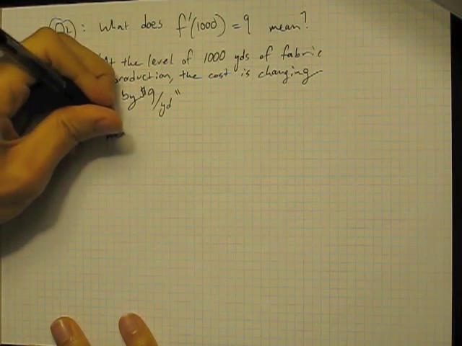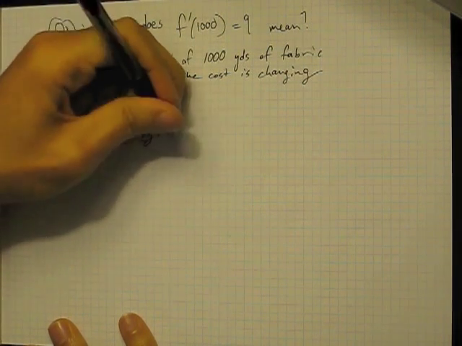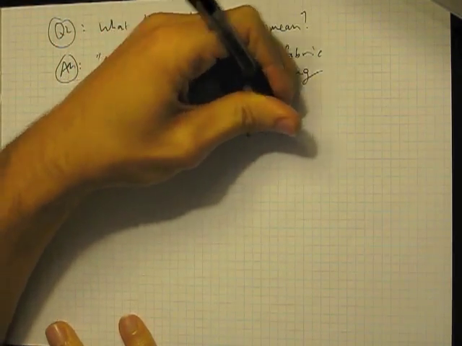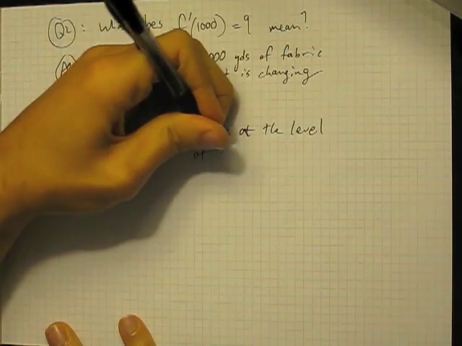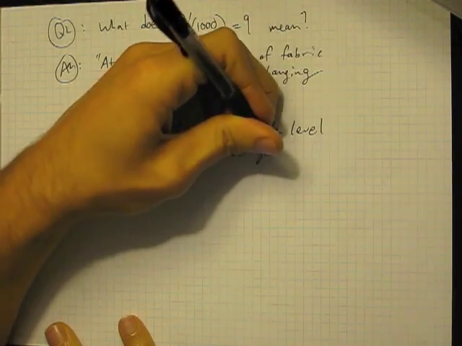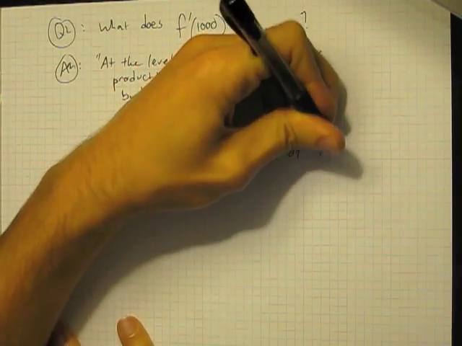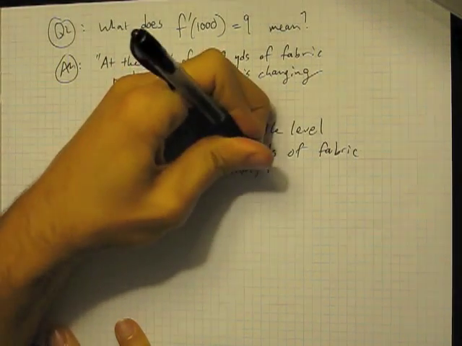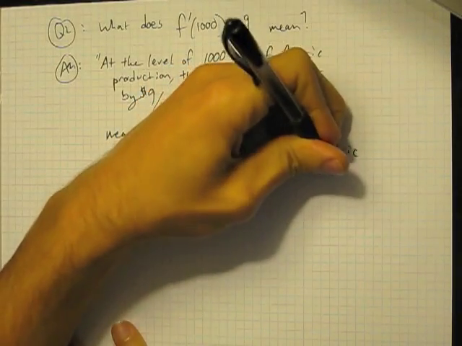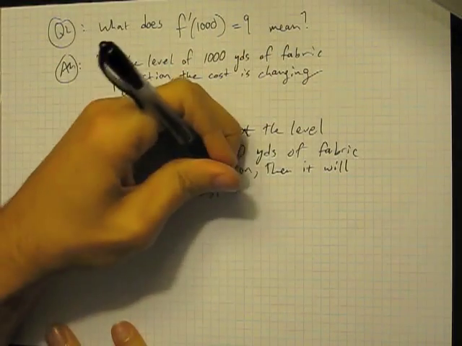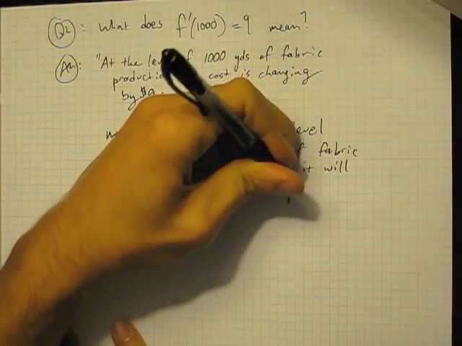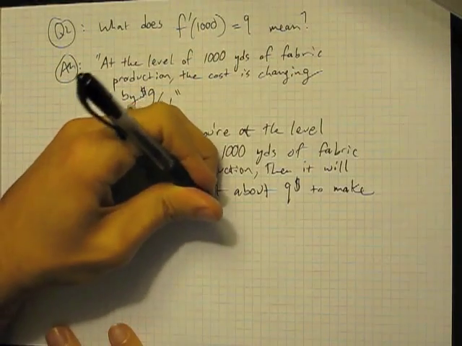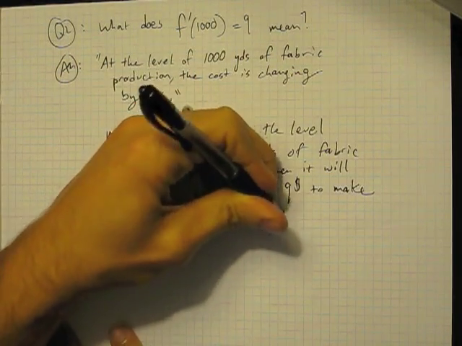So the meaning of this: if you're at the level of 1,000 yards of fabric production, then it will cost about $9 to make 1 more yard of fabric.